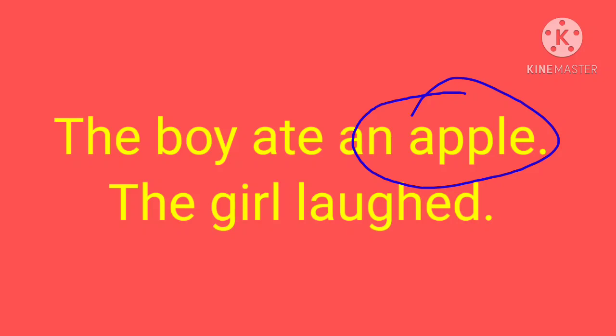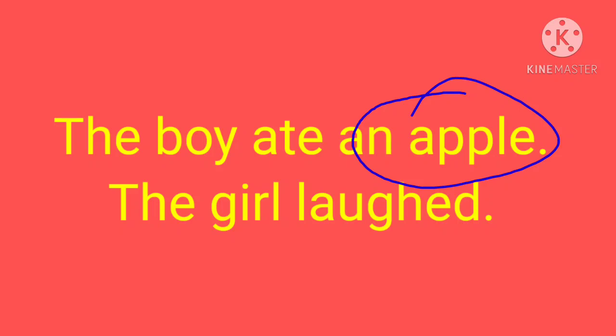On the other hand, the next sentence: the girl laughed. Here you can see there is no object. Laughed is a verb here. It does not require any object because it makes good and complete sense by itself. If I say the girl laughed, that means this sentence is complete.